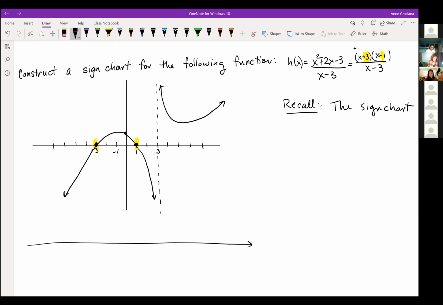To see where values are positive and where certain values are negative. Yeah, the sign chart records, all it does is record the signs of the outputs. Okay, in other words, the y values of the function.